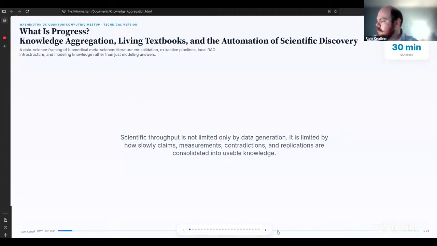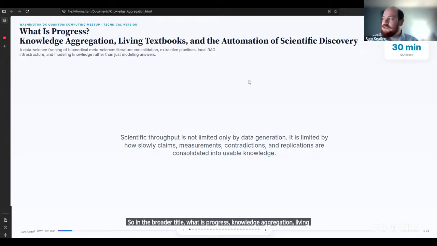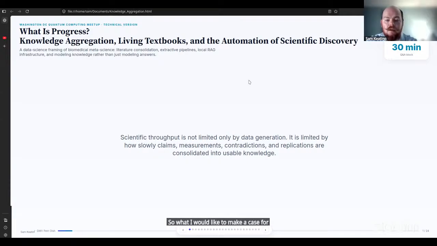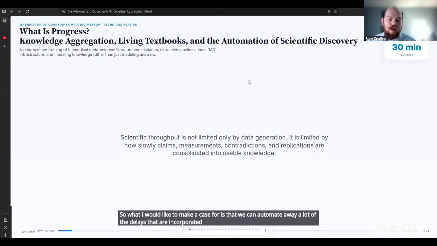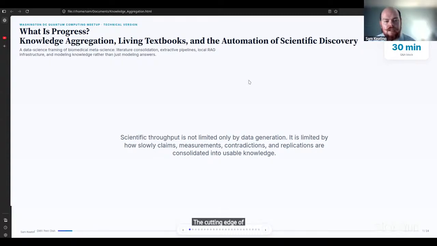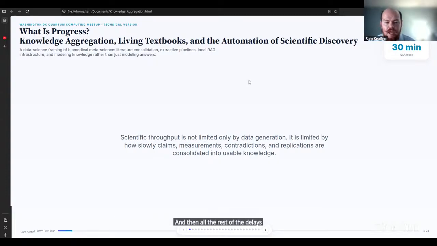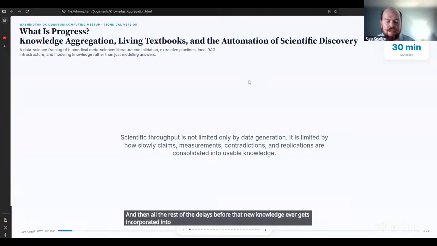And what I'd like to propose, on one of the first slides, is the broader title: what is progress, knowledge aggregation, living textbooks, and the automation of scientific discovery? So what I would like to make a case for is that we can automate away a lot of the delays that are incorporated between the bleeding edge of new discoveries from new scientific studies, the cutting edge of replicated science, where we have independent replication across separate research groups, and then all the rest of the delays before that new knowledge ever gets incorporated into professional training resources like textbooks.